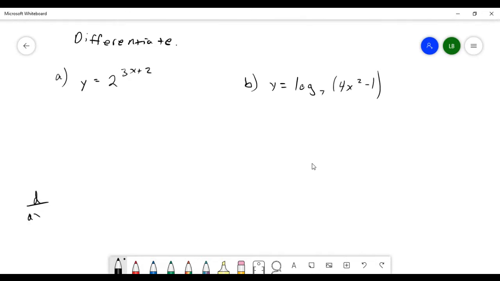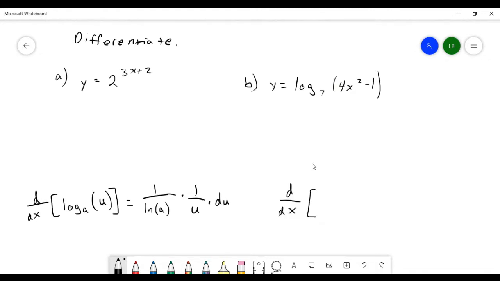So if you recall, that's for the derivative of a logarithm.